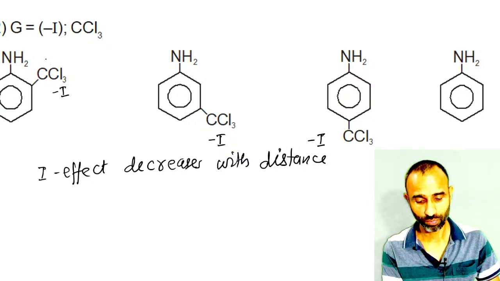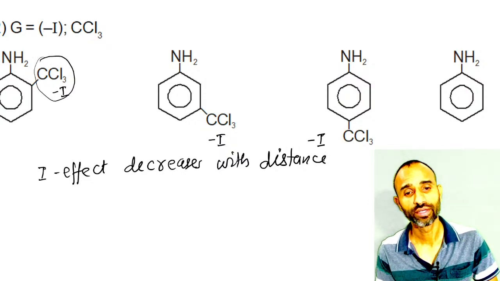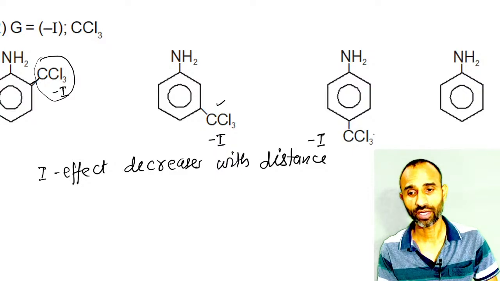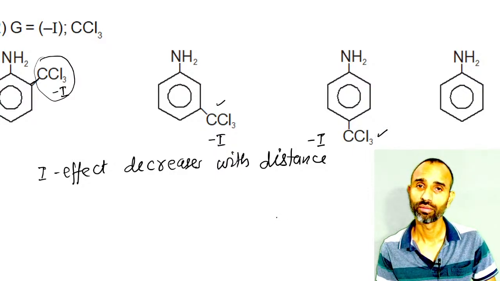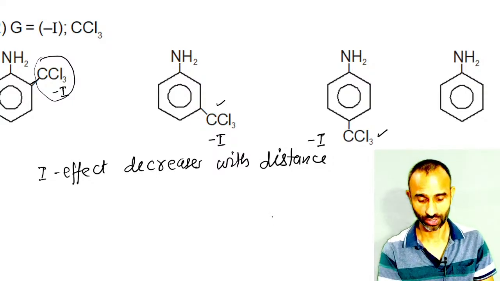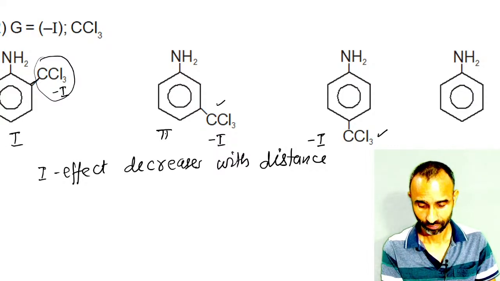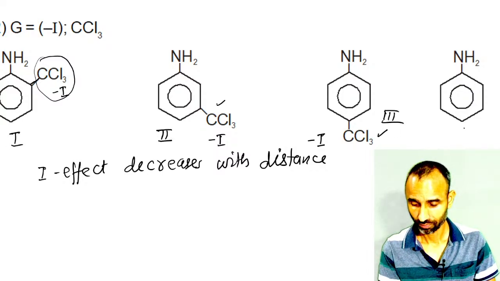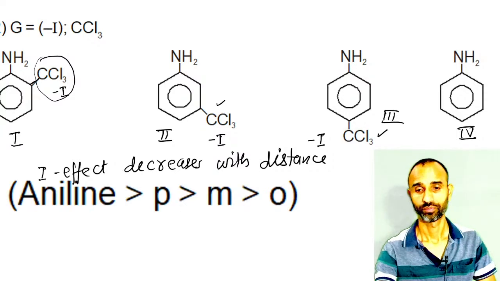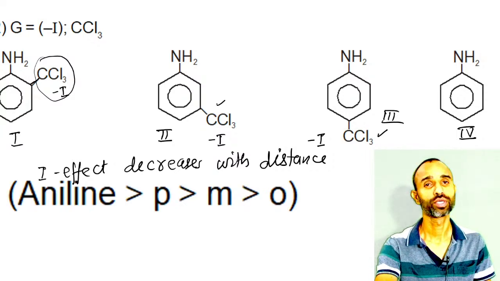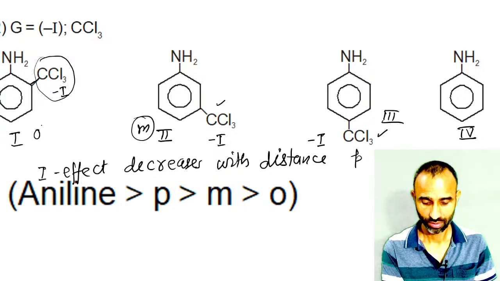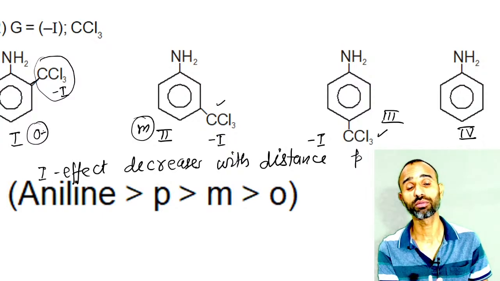So the NH2 group is closest to CCl3 at ortho, then meta, and it is far away at para. So tell me what is the order of basic strength? Aniline is most, then para, meta, and ortho, because the minus I effect is maximum at ortho position.